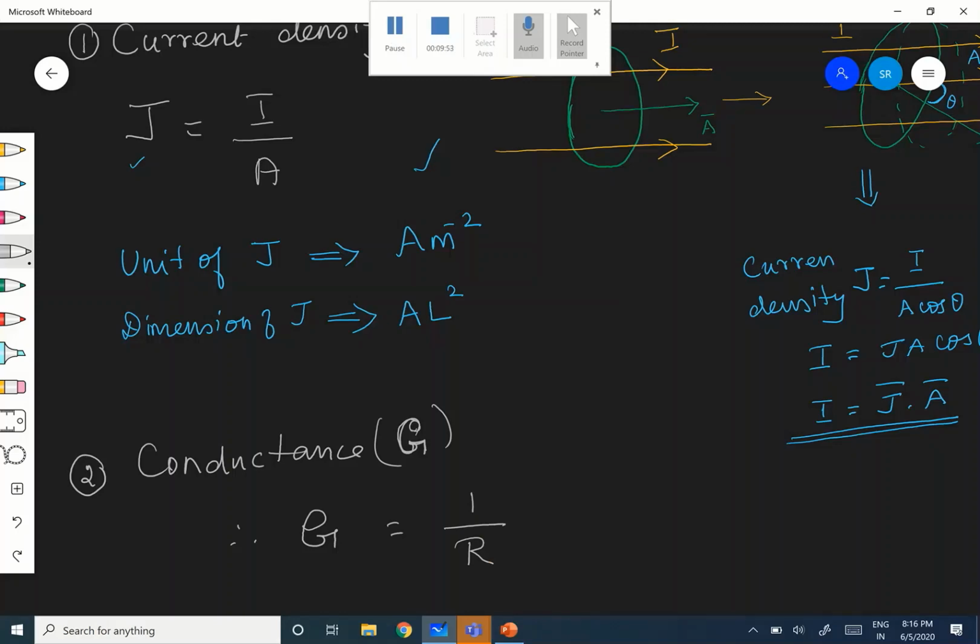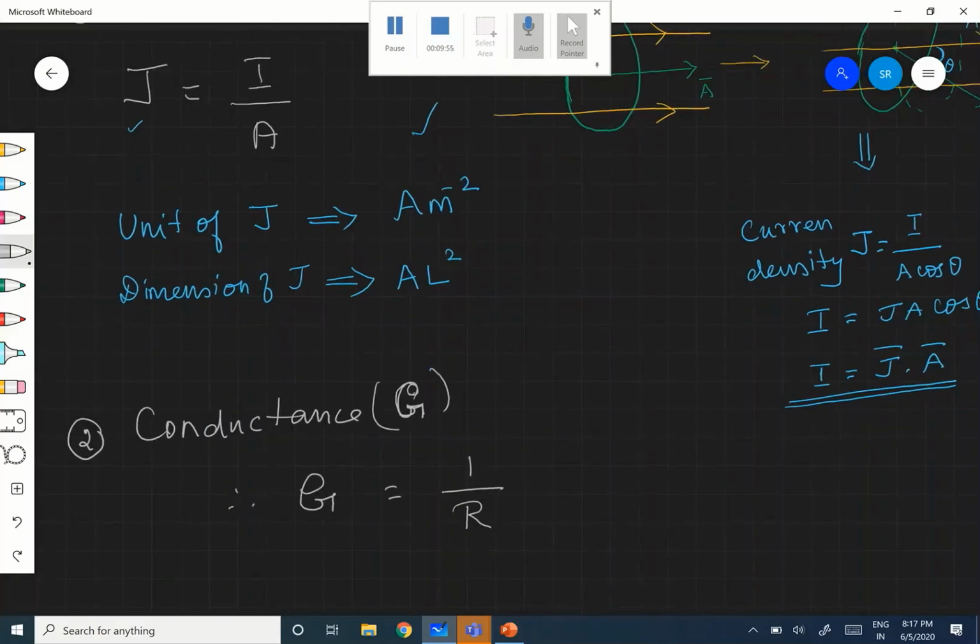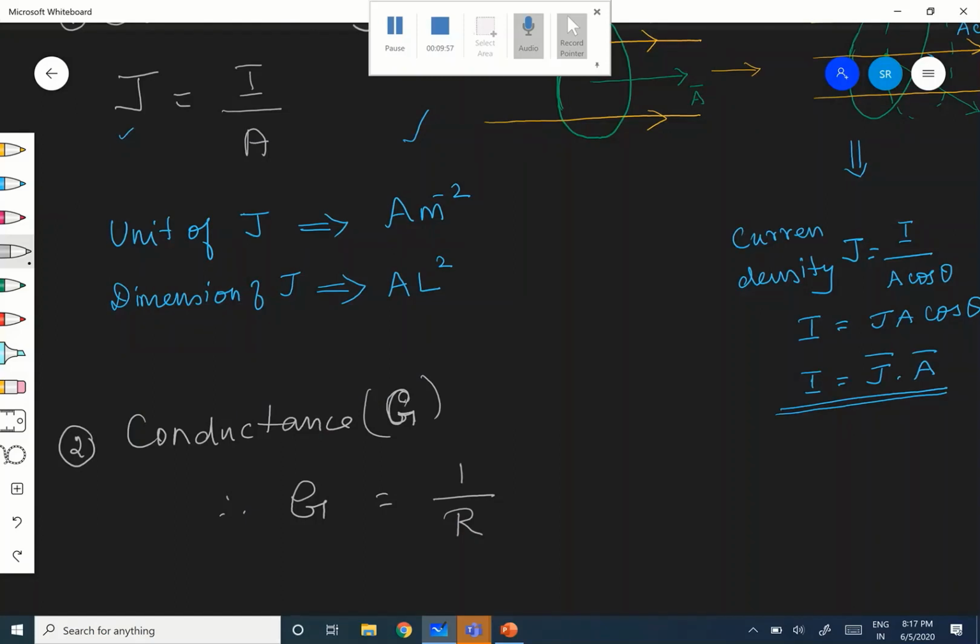Therefore, the conductance of a conductor is nothing but the reciprocal of the resistance. What is the unit? Unit of G is ohm inverse, since it is the reciprocal of resistance.